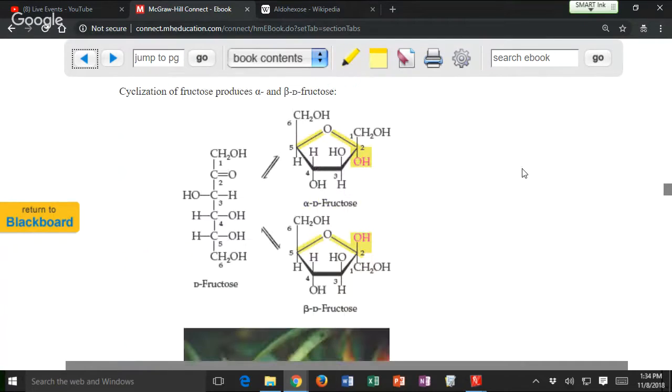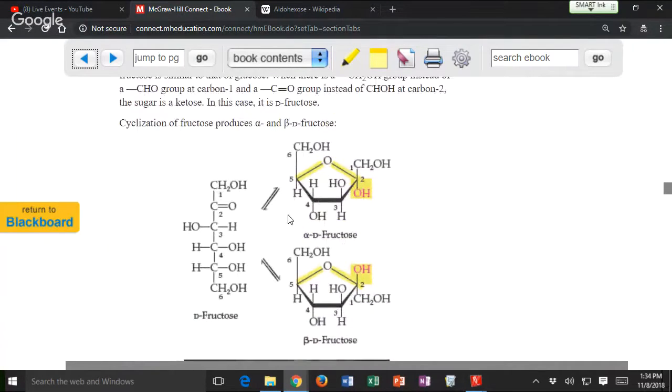You'll get it. So another sugar we're not going to mess with because I don't want to confuse you further, but you should at least know what it looks like, is fructose. It's a really common sugar produced by fruits. And instead of being an aldose, a sugar with an aldehyde, it's a ketose, a sugar with a ketone. The carbonyl in fructose is on the second carbon instead of the first.